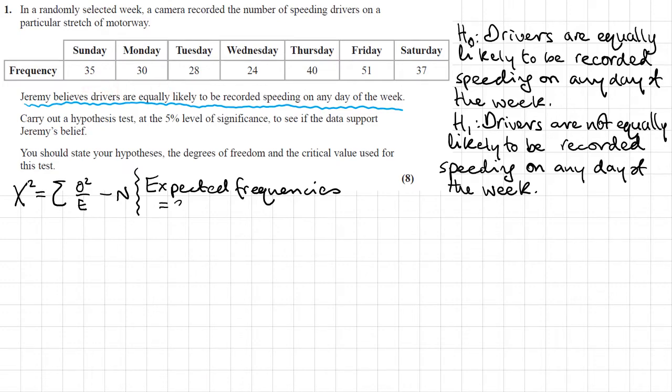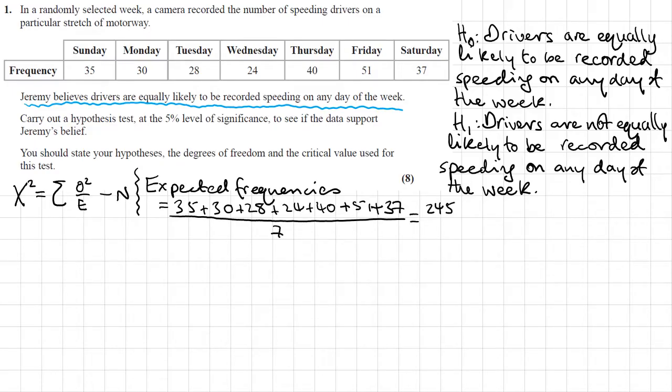So I'm going to do 35 plus 30 plus 28 plus 24 plus 40 plus 51 plus 37, and I want to divide that all by 7. That gives you a total of 245. Divide that by 7 and we have 35. So 35 is my expected frequency for every day of the week.